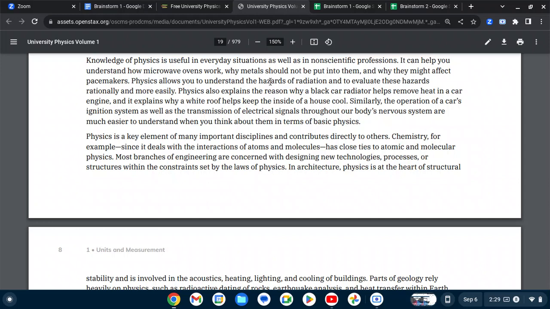Physics also explains the reason why a black car radiator helps remove heat in a car engine, and it explains why a white roof helps keep the inside of a house cool. Similarly, the operation of a car's ignition system, as well as the transmission of electrical signals throughout our body's nervous system, are much easier to understand when you think about them in terms of basic physics.